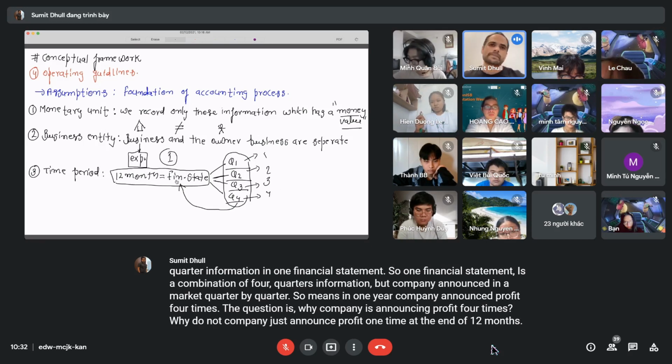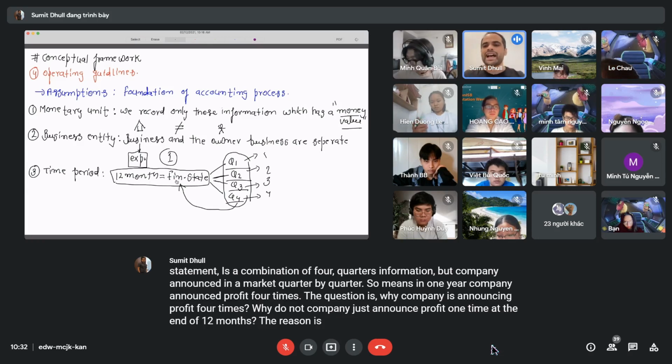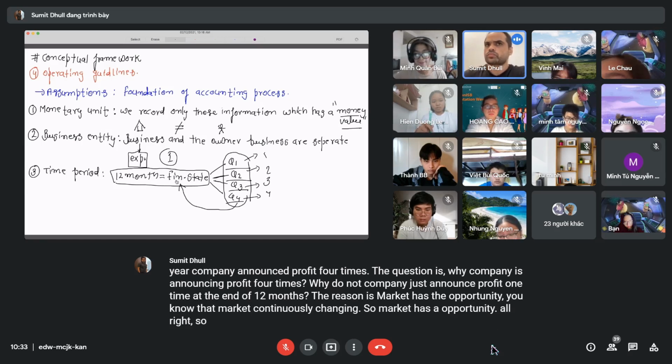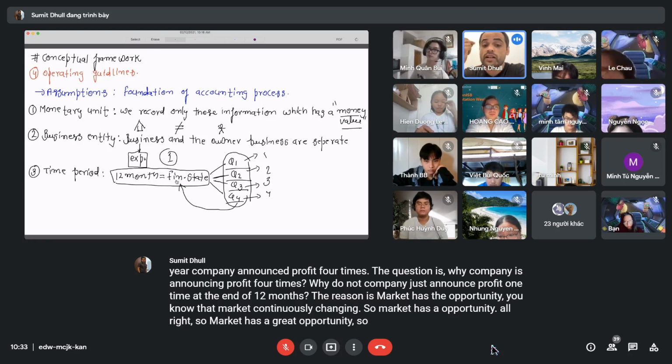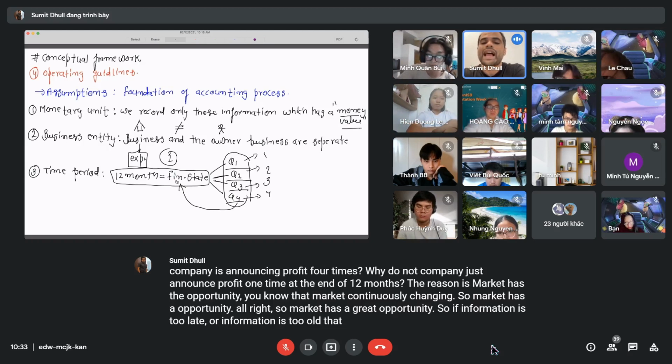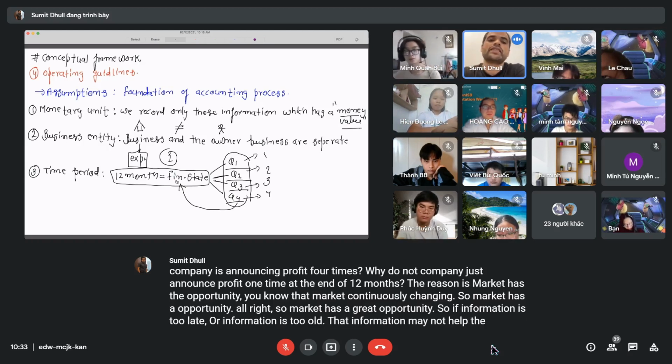The reason is, the market has an opportunity. You know that the market is continuously changing. So the market has a great opportunity. If information is too late or too old, that information may not help the users to make a right decision.